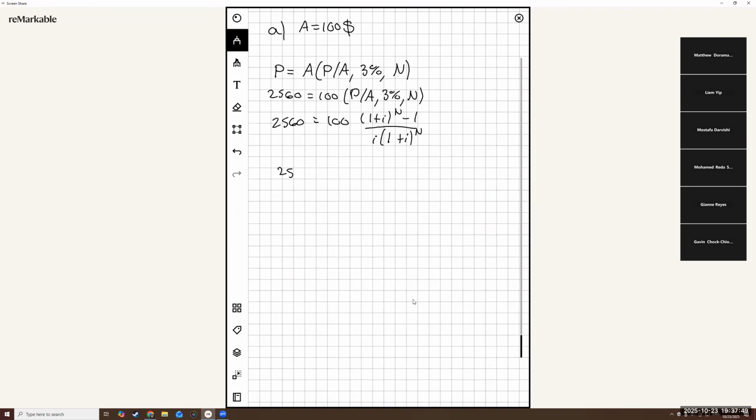So substituting our known interest rate leaves only n as an unknown.